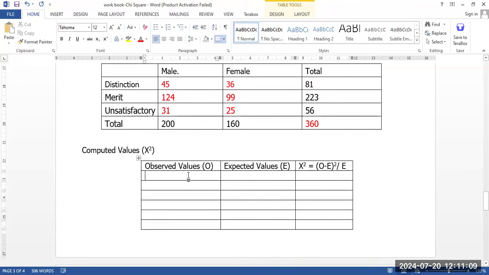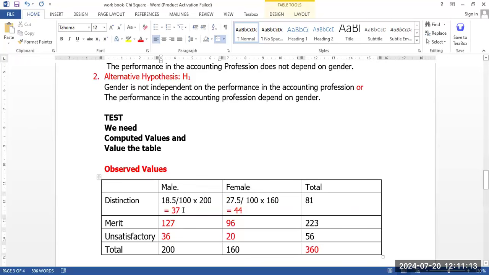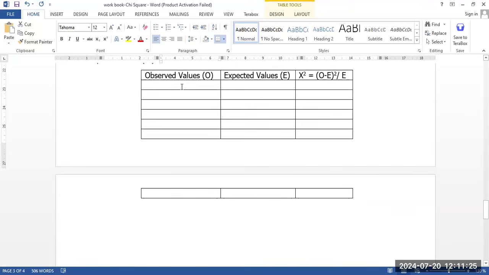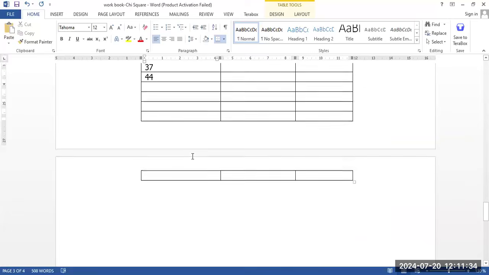What are your observed values? Copy and paste. I said you always change the row to become a column just to make your life easy. Starting with 37. Next one is 44. Next, 127.